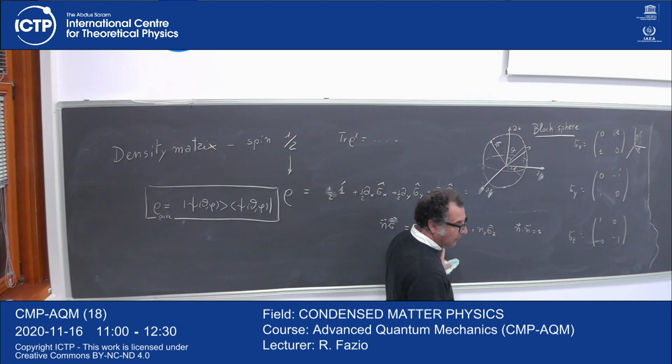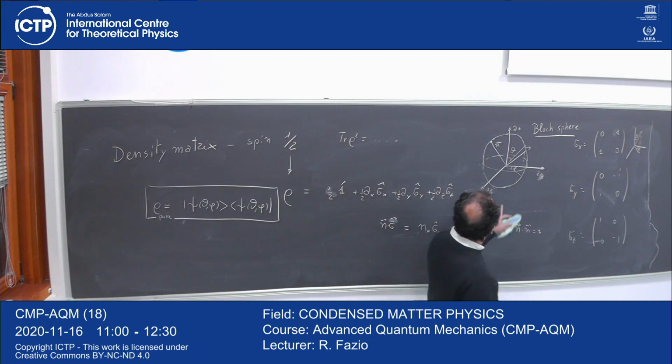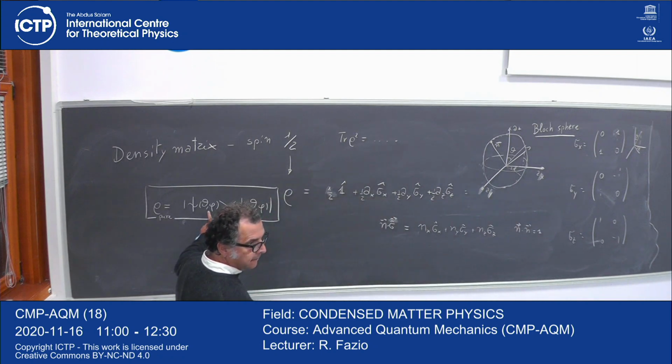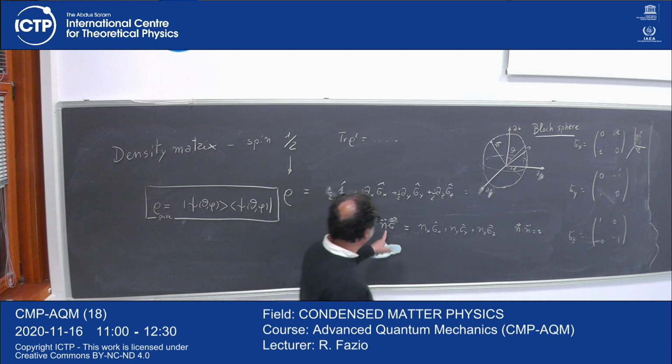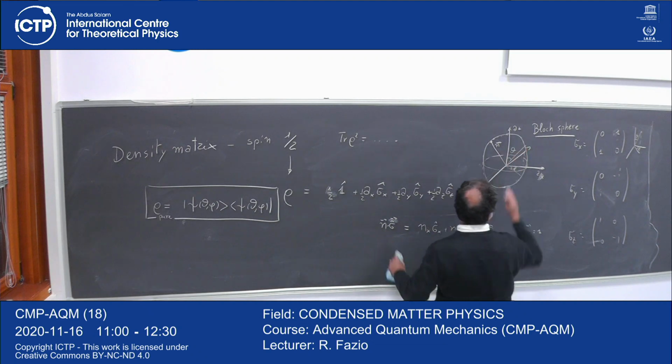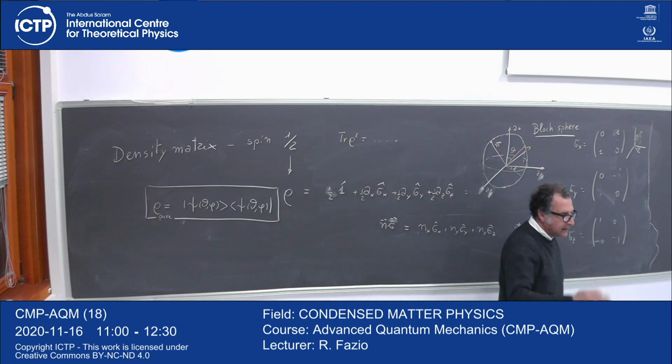Now, if I take the state psi of theta and phi, it will be an eigenstate of n dot sigma, where n is characterized by the angles theta and phi.